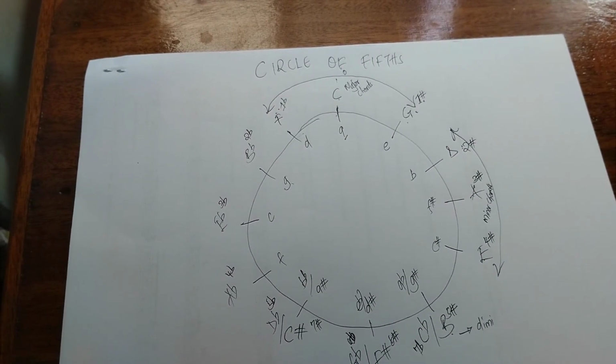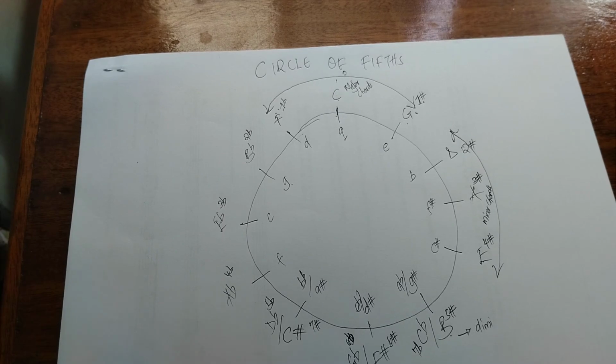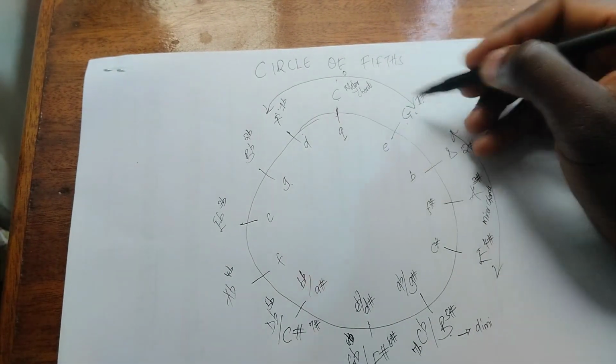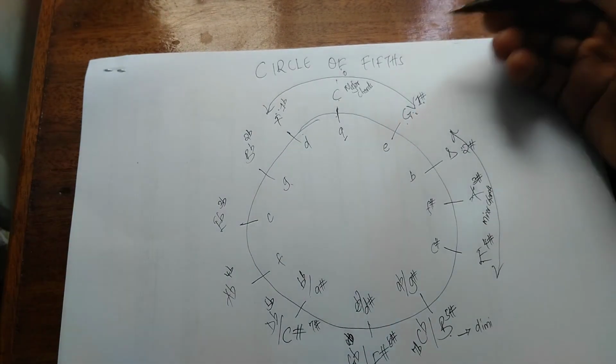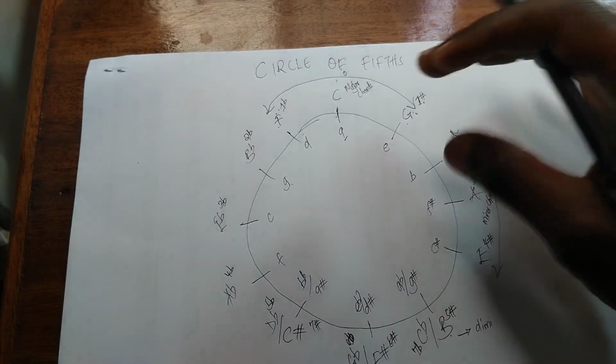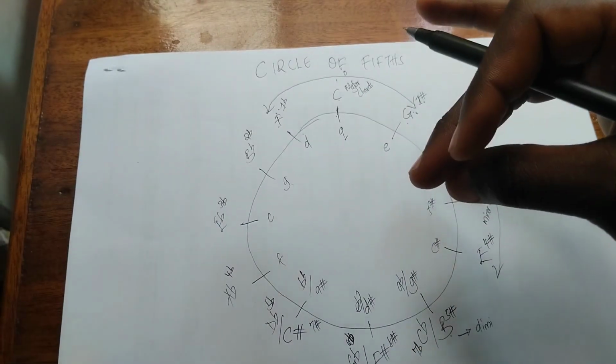Then the other easy ones to modulate to are the fifth above and the fifth below. The fifth above is G major. You can modulate from C to G major, and you can also modulate to F major. It is very easy to modulate from C to A minor.